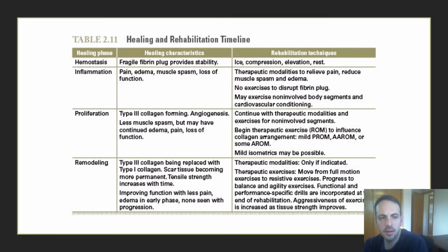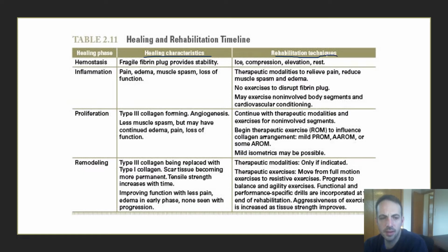Again, now here in this table, we're looking a little bit more at rehabilitation components and some different techniques. Here, I like how this one's organized a little bit more. Here's the healing characteristics, right? And then the rehabilitation techniques that can help.